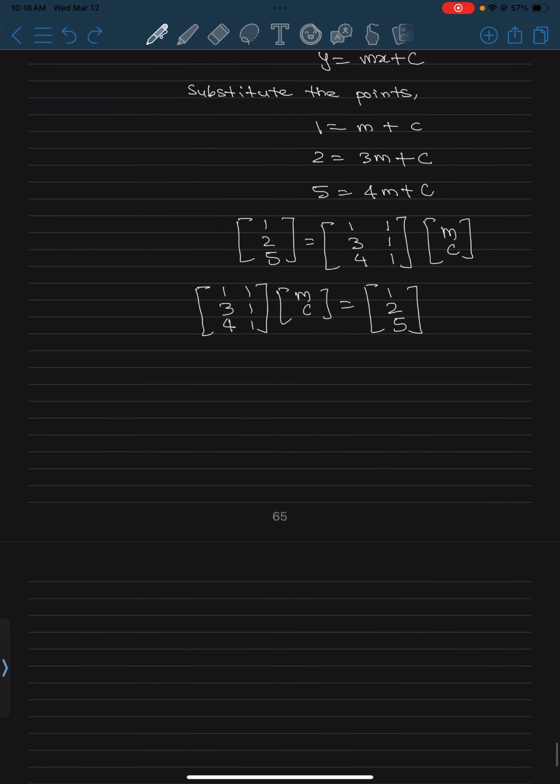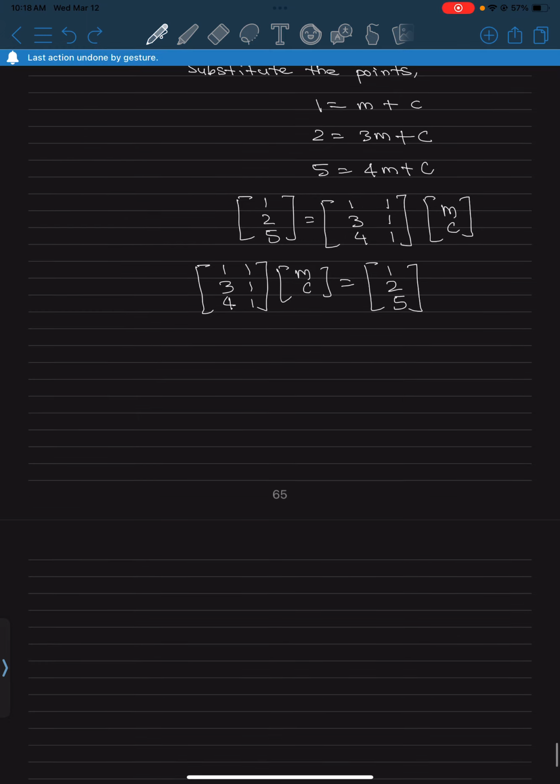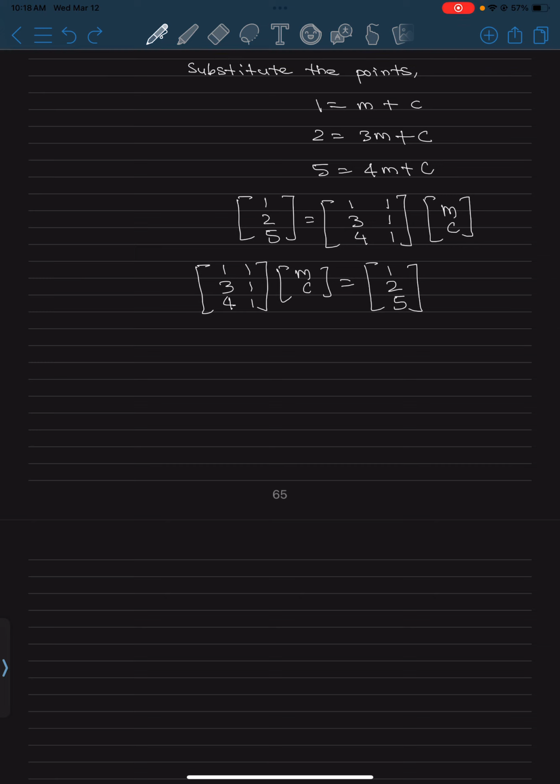So at this point, you are desperate, and you just want some square matrix that you can take to the other side and invert, because that's what you did earlier. But that's not a square matrix. Just like in a simple equation, if you want to solve 2x equals 5, we multiply by a half and it turns nice.